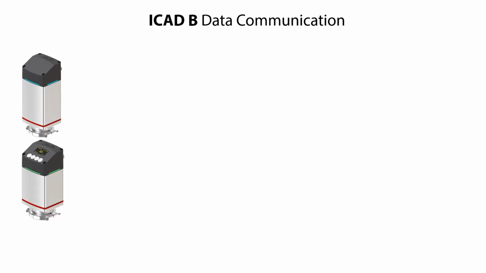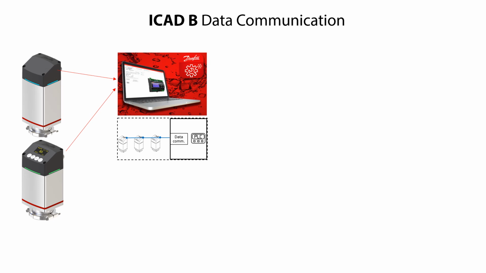The ICAD B actuator without and with built-in display and the valves on which they are mounted can be remotely operated via data communication. There are two options for data communication available, which includes Modbus RTU via RS485, where you can use the CoolConfig PC tool to configure ICAD B, and Modbus TCP IP via Ethernet.